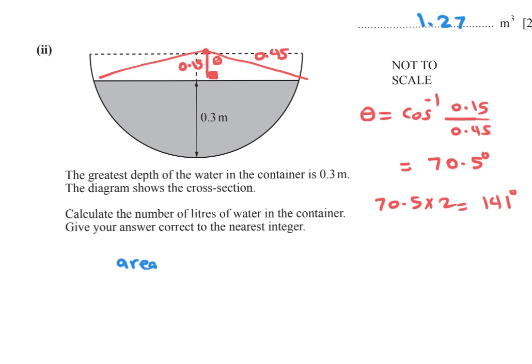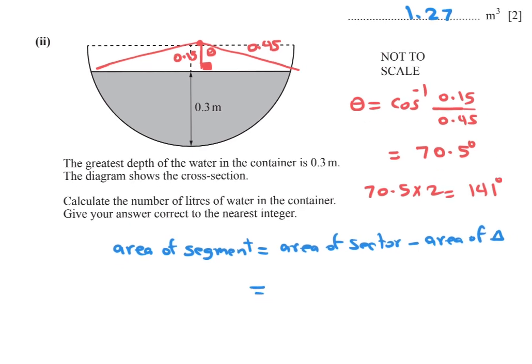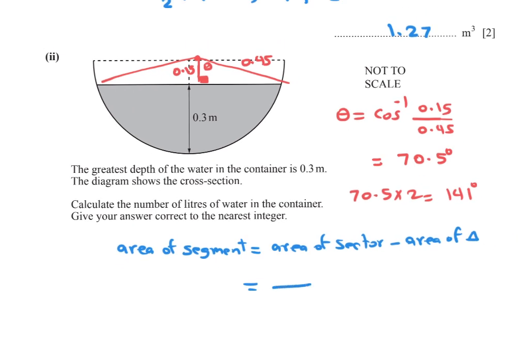Area of segment. We have a rule: area of segment equals area of sector minus area of triangle. Area of sector is the angle over 360 times pi r squared, pi times 0.45 squared, minus area of triangle.